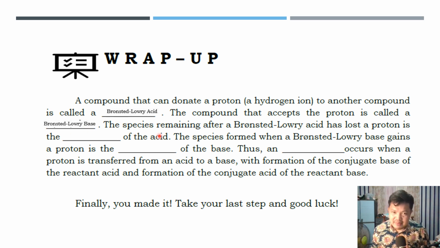The species remaining after a Bronsted-Lowry acid has lost a proton is the conjugate base of the acid, and the species formed when a Bronsted-Lowry base gains a proton is the conjugate acid of the base. Thus, an acid-base reaction occurs when a proton is transferred from an acid to a base, with formation of the conjugate base of the reactant acid and formation of the conjugate acid of the reactant base.